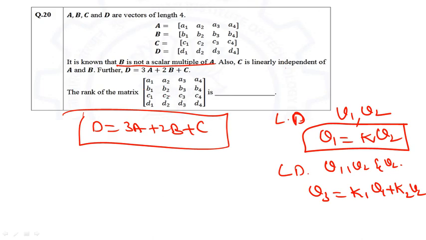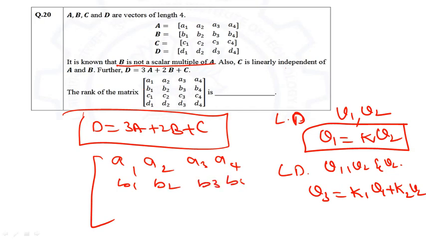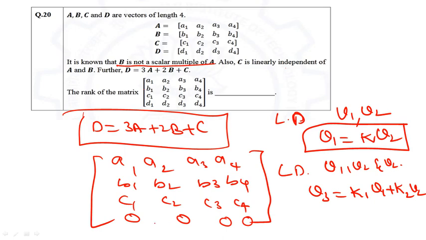So when we use row operations on this matrix, A, B, C cannot become 0, because B is not a multiple of A, and C does not depend on A and B. But D is a combination of A, B, C, so by doing row operations, it will definitely become 0.